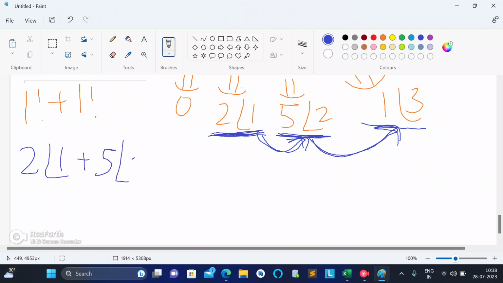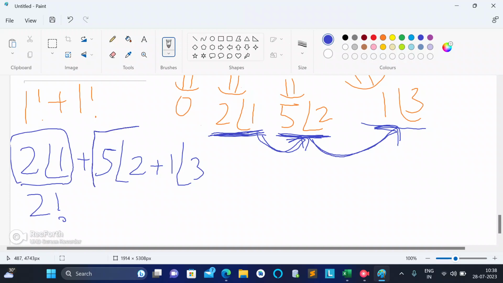So 2 times 1 factorial plus 5 times 2 factorial plus 1 times 3 factorial. We can write 2 into 1 factorial as 2 factorial. We can also write 5 into 2 factorial as it is. So now we will first combine this 2 factorial and 5 into 2 factorial, which we can write as 6 into 2 factorial.